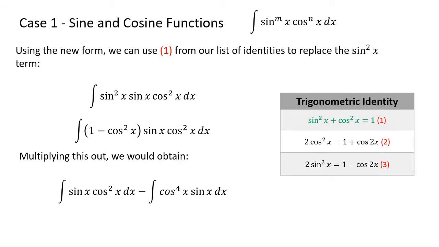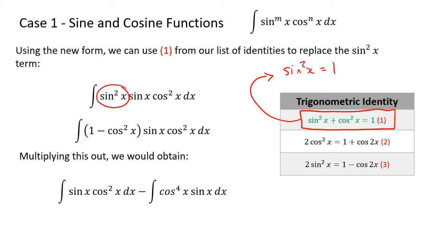Now, with that rewritten expression, we can take this sine squared of x term, and we can use the first trigonometric identity that I showed here. Sine squared of x plus cosine squared of x equals 1. If you were to rewrite that, you would move the cosine squared of x to the other side, so we're left with sine squared of x is equal to 1 minus cosine squared of x.